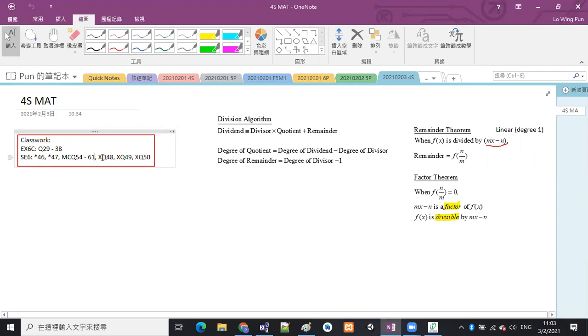And then 嗱呢度咧，我有個新嘅符號寫出嚟 XQ。呢個其實唔係一個 X 嚟嘅，係一個 cross。OK， 即係 cross topic questions. Cross topic questions 48, 49, 50. Okay, so this is also in supplementary exercise 6.